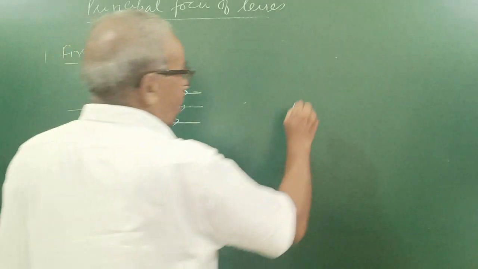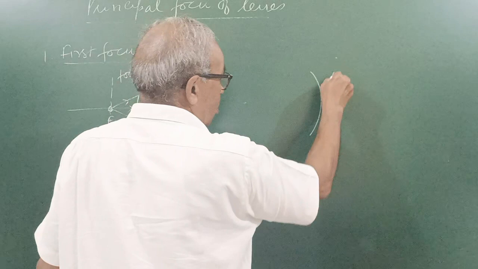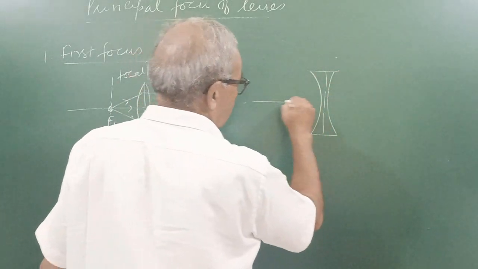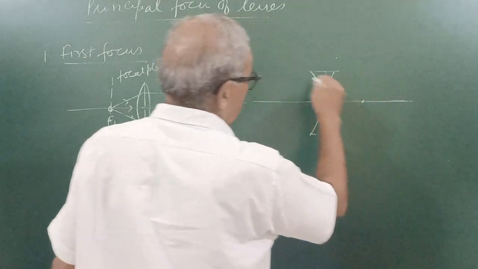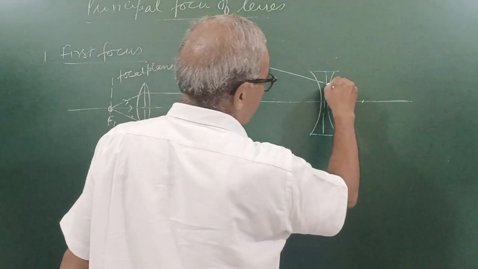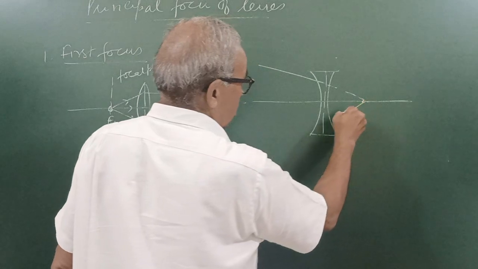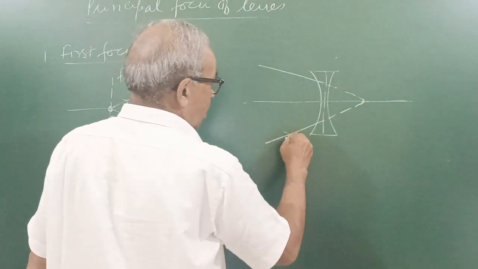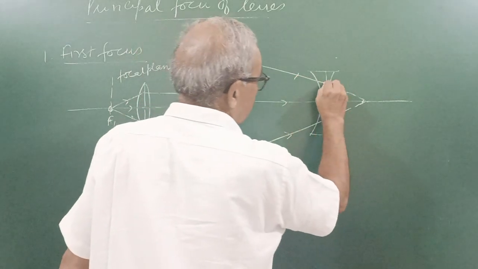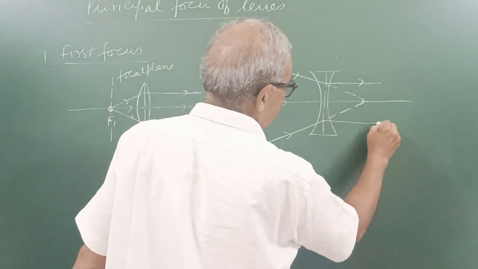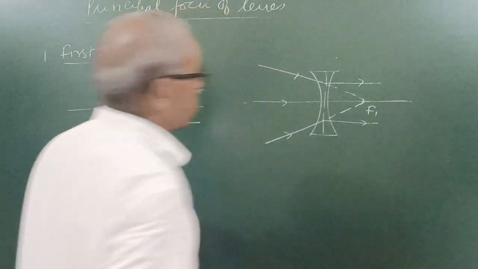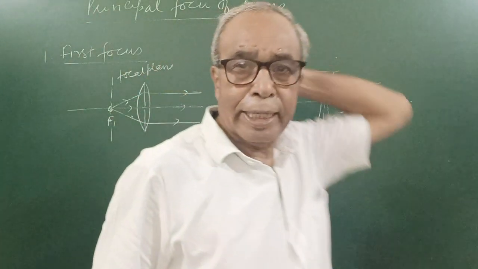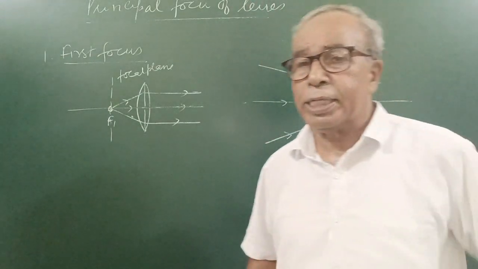In case of a concave lens, rays converging to a point, after refraction through the lens, become parallel to the principal axis. This is the first focus. So you can make a note of it.